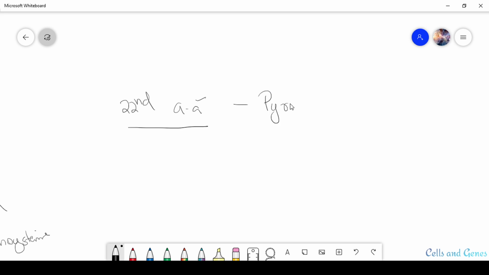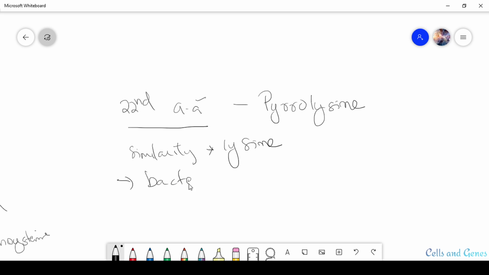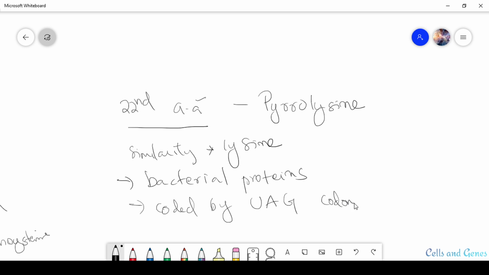It has similarity to lysine, and it is present in bacterial proteins. It is coded by UAG codons.